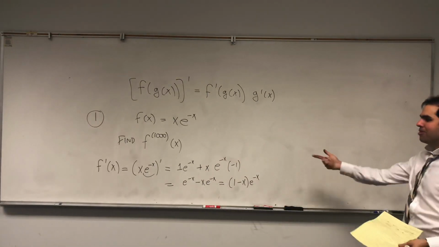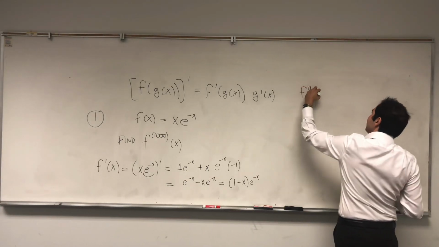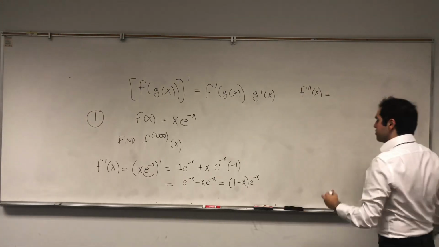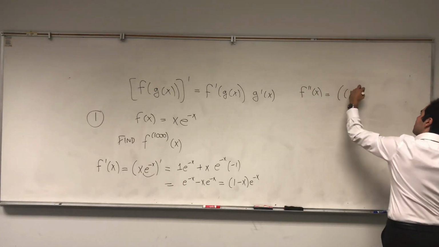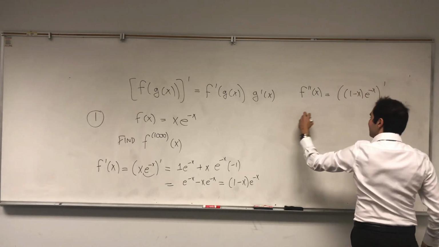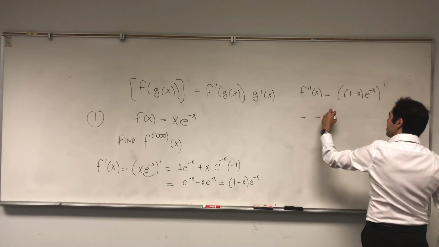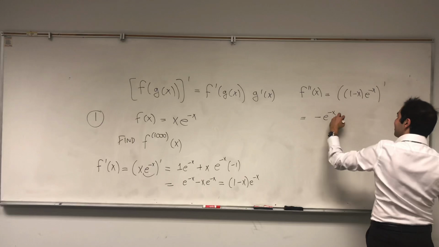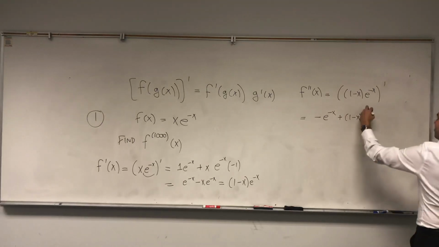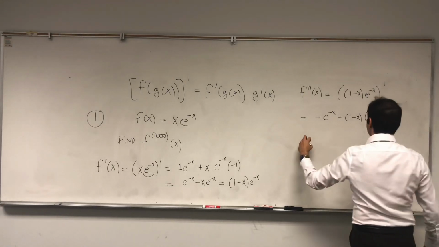Which doesn't really tell us much, but now let's calculate the second derivative. So in other words, the derivative of this, 1 minus x times e to the minus x, prime. You first differentiate that to get minus 1, and you leave this intact, plus 1 minus x times the derivative of that, which becomes minus e to the minus x.